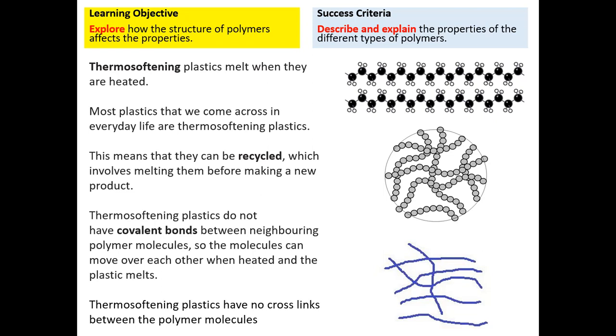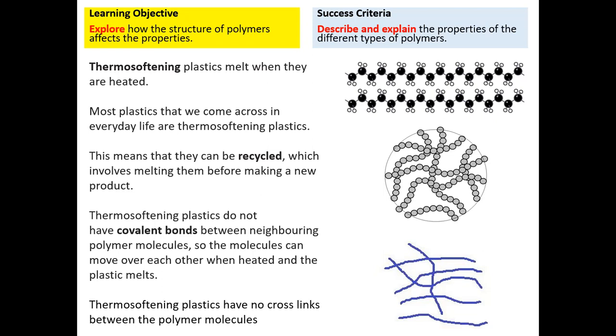Now, the thermosoftening plastics don't have covalent bonds between the chains. We've talked about that. On the right, you can see 3 different ways of drawing these out. You might see these at different times, but in none of these examples could you see that they're actually attached. The chains are just mixed together or they're lined up, but they are not attached together.